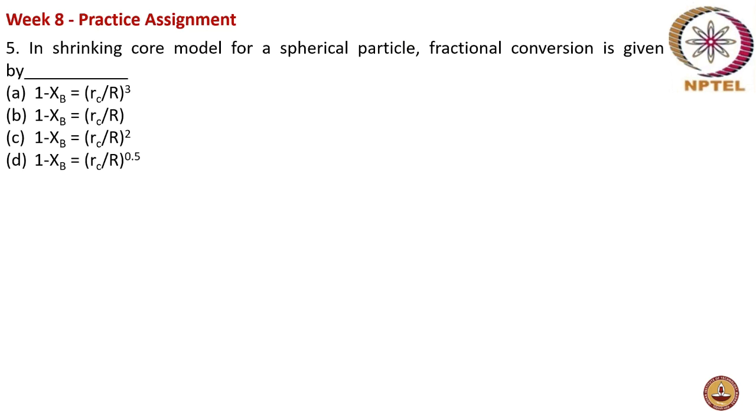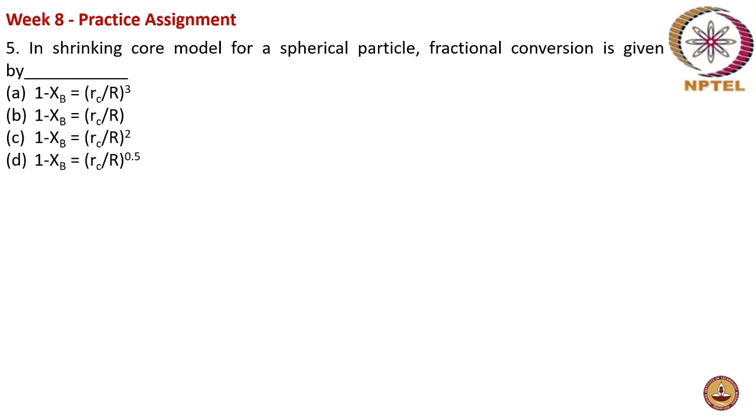Now the next question. In the shrinking core model for a spherical particle, the fraction of conversion is given by, what is the fraction of conversion? Is it A, 1 minus xb, where b is your solid particle, is equal to rc by r the whole cube, where r is the total radius of the solid particle and rc is the shrinking core radius?